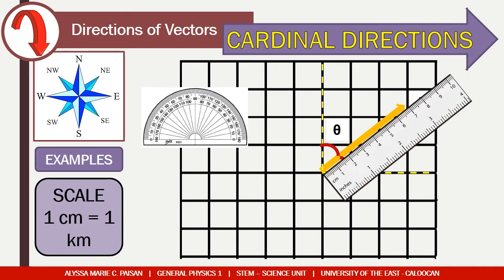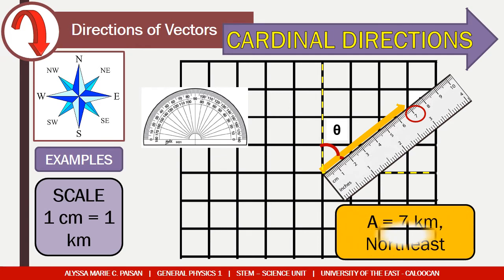According to our virtual ruler, the measurement is 7 centimeters. Therefore, we can write vector A as A is equal to 7 kilometers northeast. Later on, you will see that there is a direction that sounds similar but different from northeast. That's why I personally categorize them into three, para hindi tayo magkalito-lituhan kapag mag-usap-usap tayo, no? Ayan. So that's the first example.